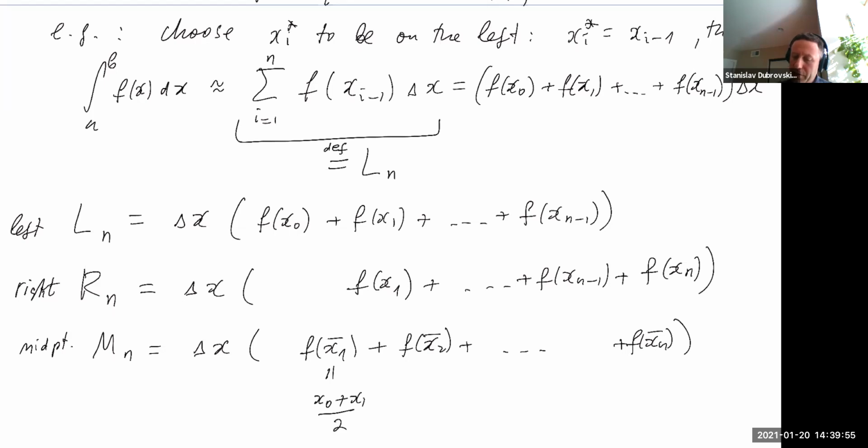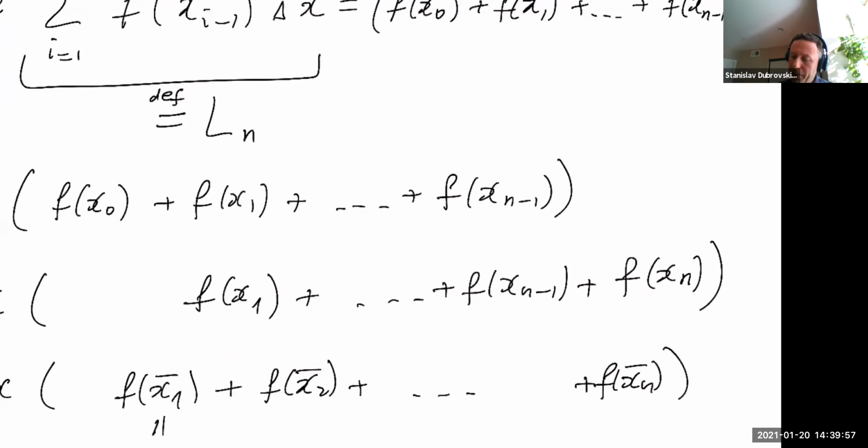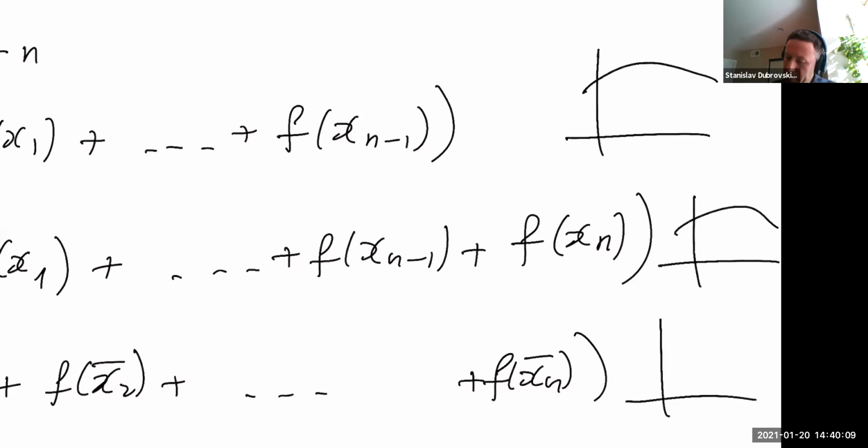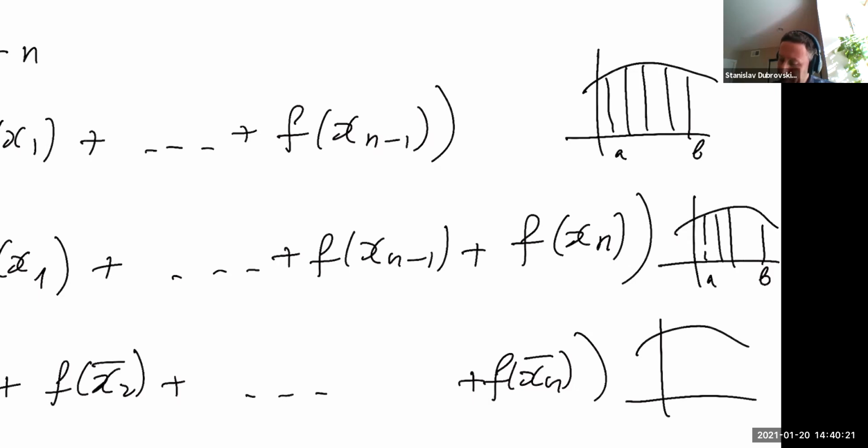How does it look on the picture? For instance, if we are looking at a function, let's say the same exact function as I have drawn before, and we subdivide the interval from a to b into, let's say, four subdivisions. Same exact function.